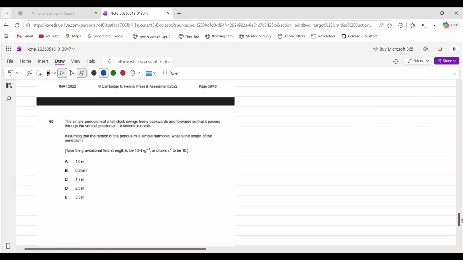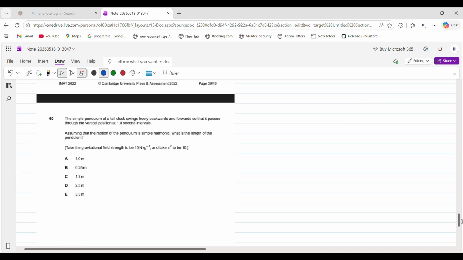Let's go and solve our very last question for today, which is of physics again. The simple pendulum of a tall clock swings freely backward and forward so that it passes through the vertical position at 1.0 second intervals.